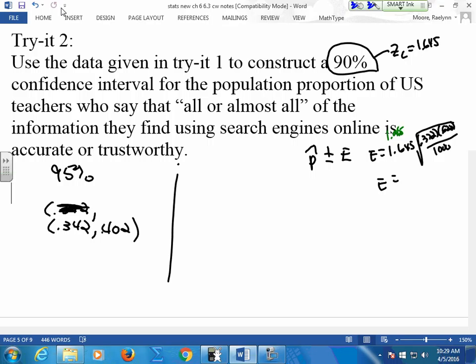So let's step back a second. Let's not do their try it two yet. Let's do the other one for 90%. I thought we were doing the same one. Sorry. Find me your margin of error for this guy. Good call on that, Jared. I wasn't even reading that. We'll do this one next.